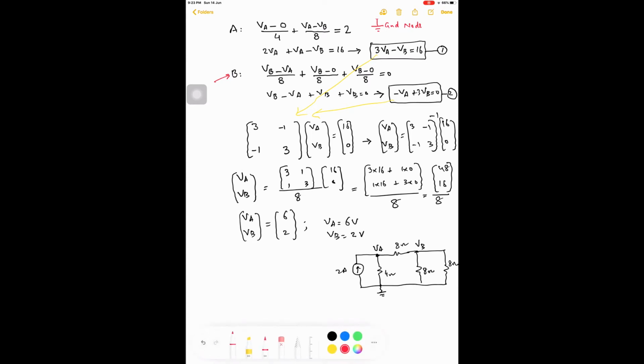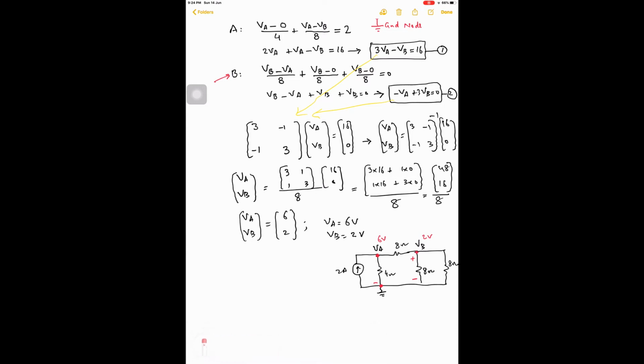Now you see VA is equal to 6 volt and VB is equal to 2 volt. What is the polarity of 6 volt for VA? VA is positive, ground is negative. This is the voltage drop from node A to the ground node. VB is 2 volt. So this is the polarity of the node voltages.